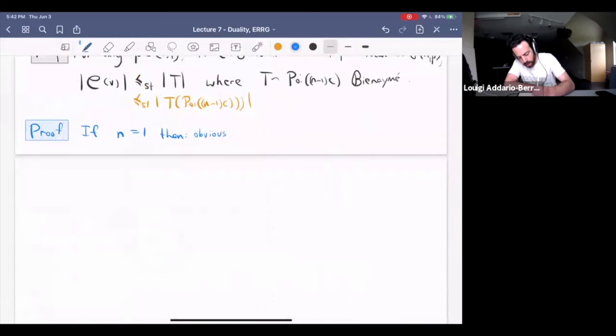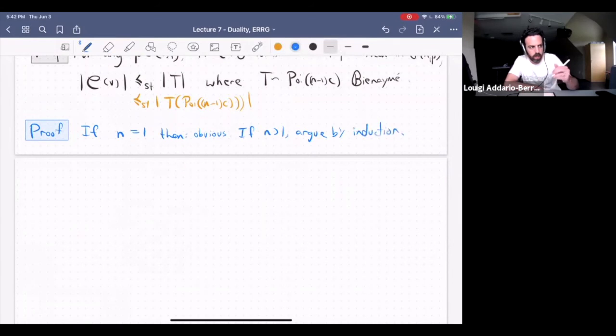If n is bigger than 1, we'll argue by induction. First I'm going to build up from Bernoulli random variables. Here's the key step, if you like.